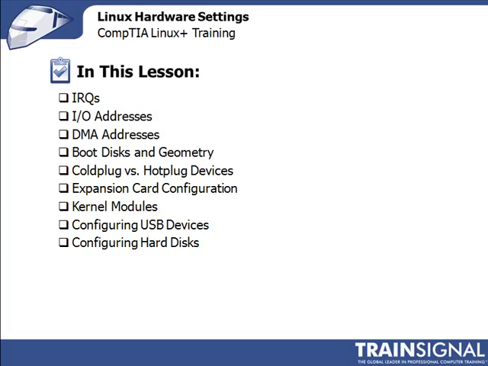We'll review boot disks and the associated geometry, then examine the differences between cold plug and hot plug devices. Next, we'll take a look at expansion cards and how to configure them, Linux drivers, and kernel modules. And this lesson wraps up with USB and hard disk device configuration. Up first, IRQs.